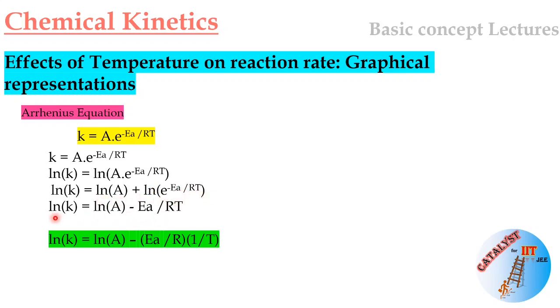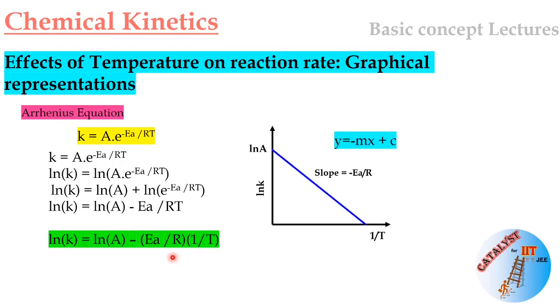So you get ln k equals ln A minus Ea by RT. So if you plot ln k versus 1 by T, this gives you a straight line with a negative slope equal to minus Ea by R and a y-axis intercept equal to ln A, correct?